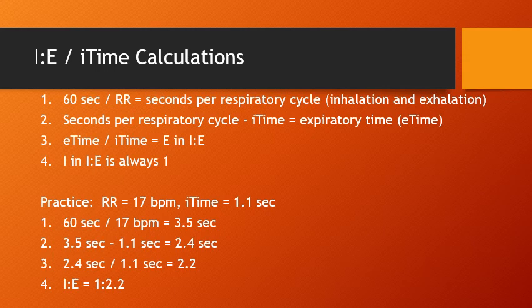Remember, we always said the I in I to E is 1, and then the E is what we just calculated in step 3. So with these settings on the ventilator, this patient's current I to E ratio is 1 to 2.2. And that's about what we said a normal adult I to E ratio is, about 1 to 2.